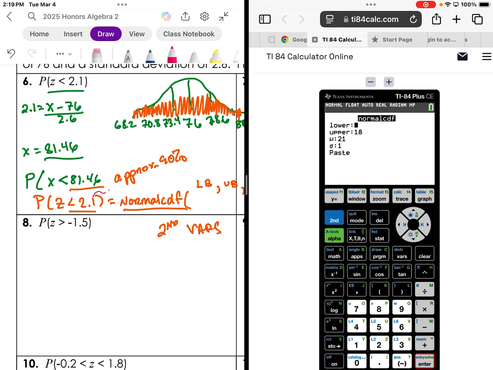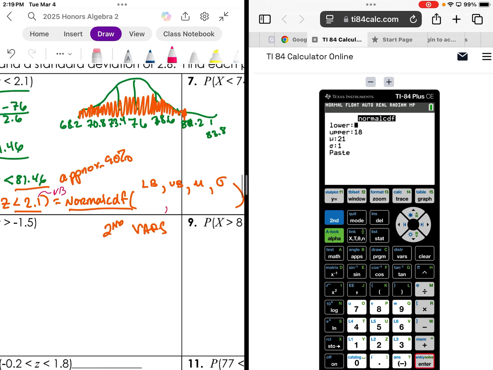That 2.1 is actually my upper bound, so the 2.1 would go for the upper. Now, what is my lower bound? Well, I just got to put in some really small number. Now, 0 doesn't cut it. I have to actually put some really small number there. It's like maybe negative 100.